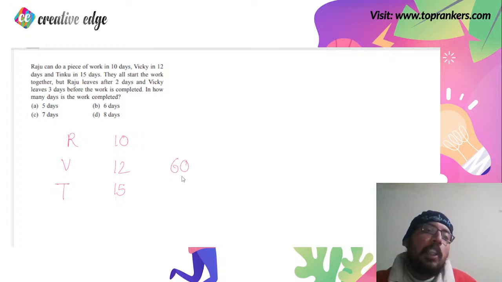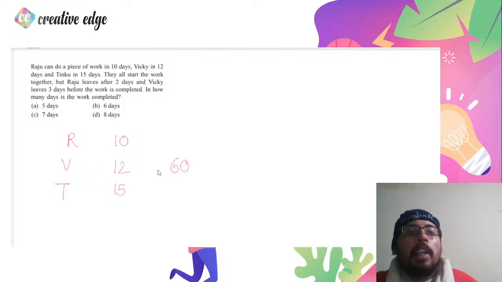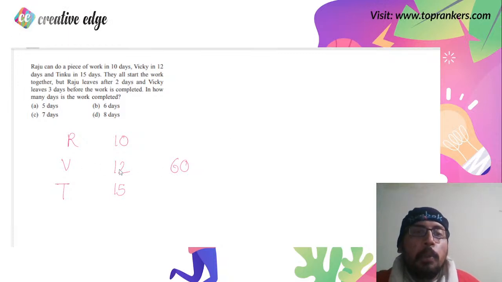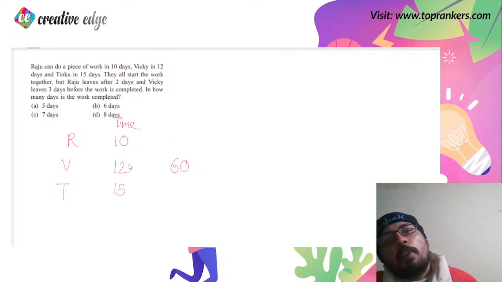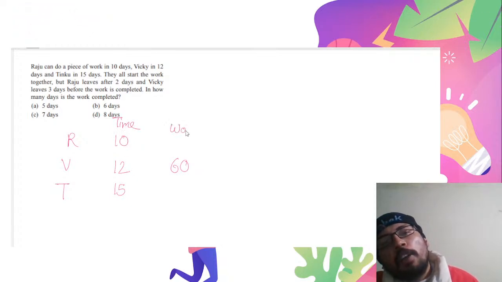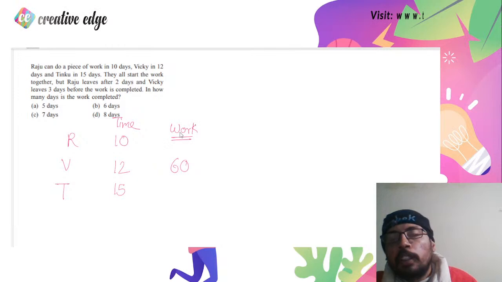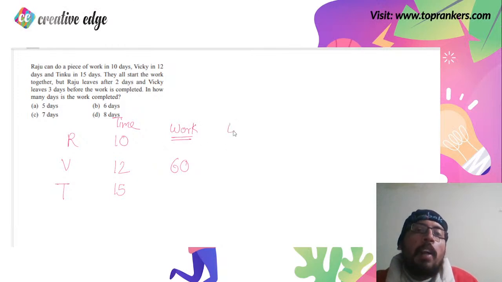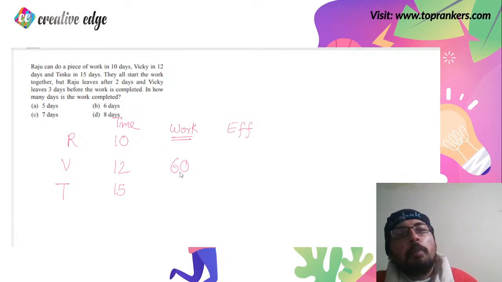Let us say this 60 units of work is completed by R in 10 days, by V in 12 days, and by T, that is Tinku, in 15 days. So LCM of time lets us know the total or assumed work that we can consider, and I will again be finding the efficiency. Efficiency will be 60 upon 10. Raju can do 6 units of work in a single day.